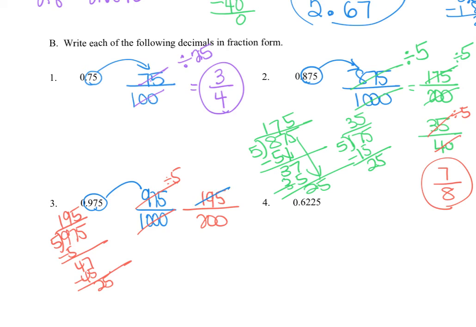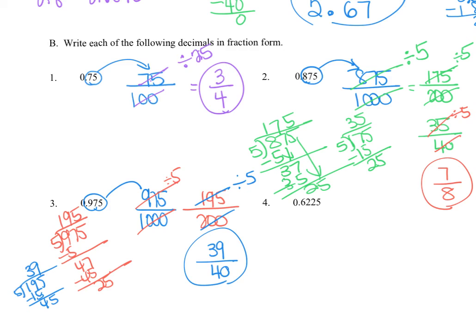Again, if I divide 195 by 5, that's going to be 3, 15, 45, that's going to actually be 39. So we get 39 over 40, and I cannot simplify that any further.